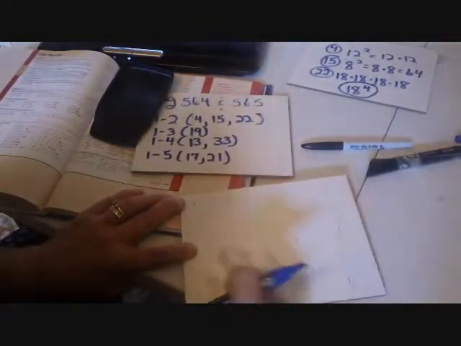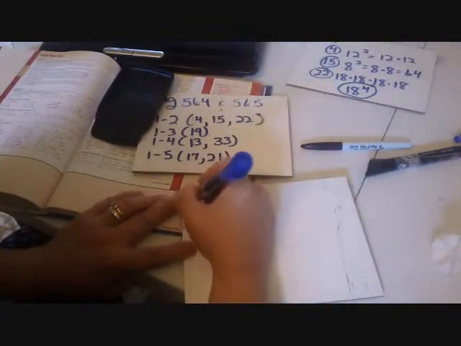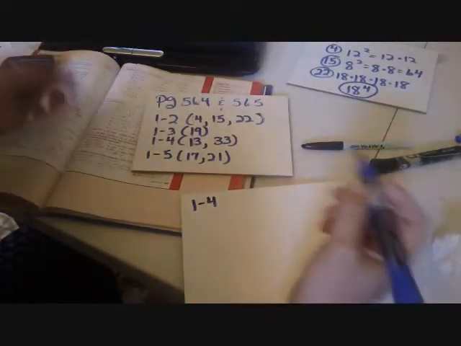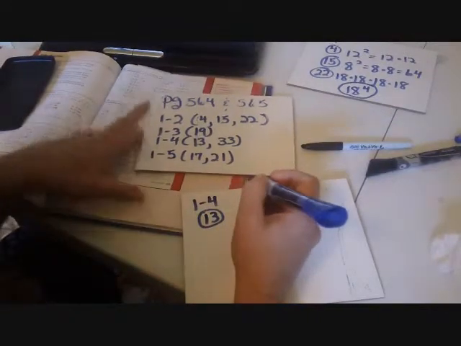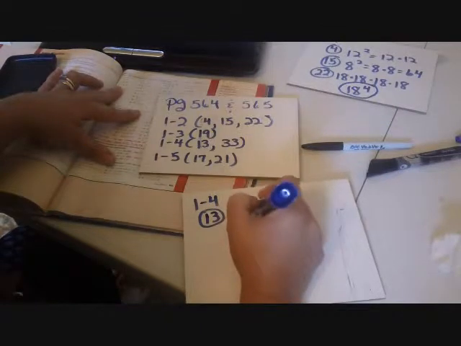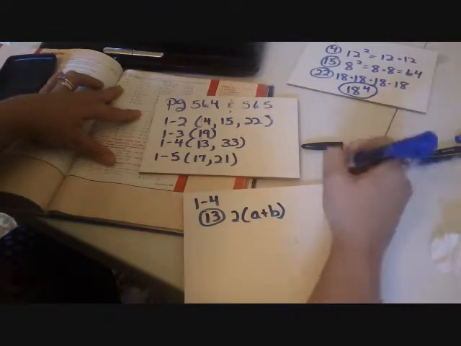The next one I plan on doing for you out of this homework is from section 1-4, and I'm going to do 2. The first one I'm going to do is number 13. Number 13 is 2 parentheses a plus b. And they give us some values.